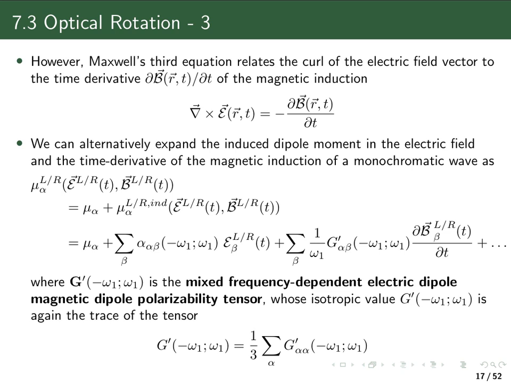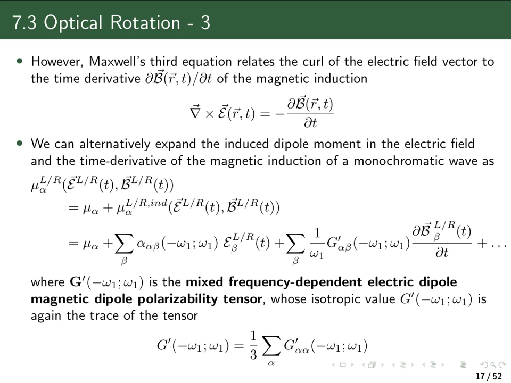So we're going to look at the expansion of our dipole moment now in the presence of left and right circularly polarized light, which means we have the permanent dipole moment and an induced dipole moment, and there will be two different ones, one because of left and one because of the right circularly polarized light.